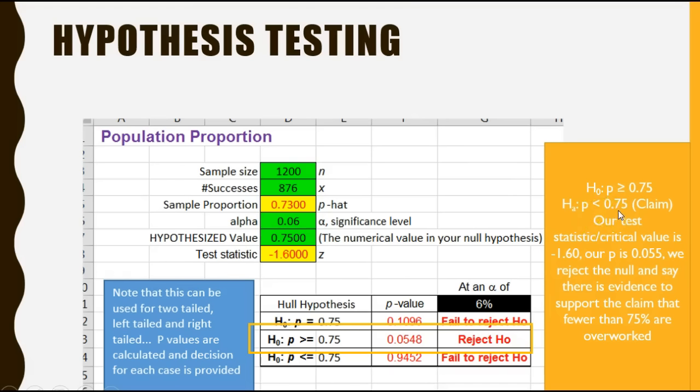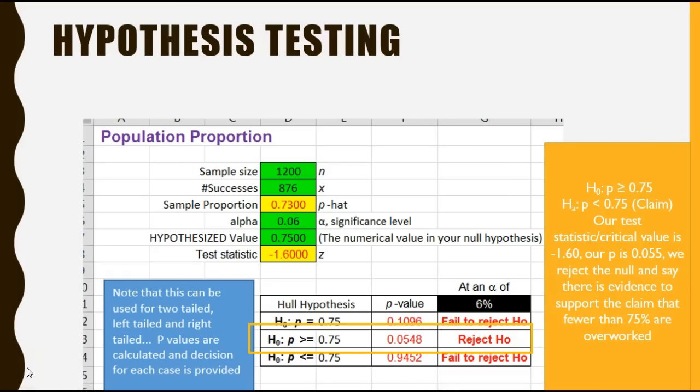Since the alternative hypothesis was less than 75%, the null was that it's greater than or equal to 75%. So I look to the right of greater than or equal to. I reject it. By rejecting the null, I'm saying there is evidence to support the claim. Now let's do this one actually in the spreadsheet.